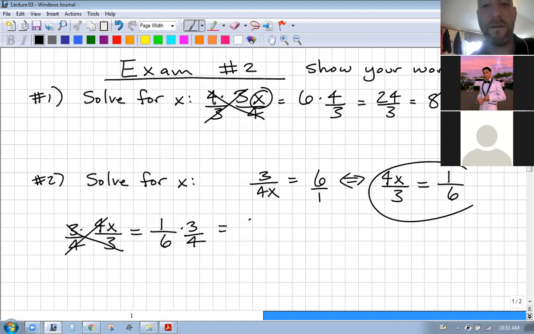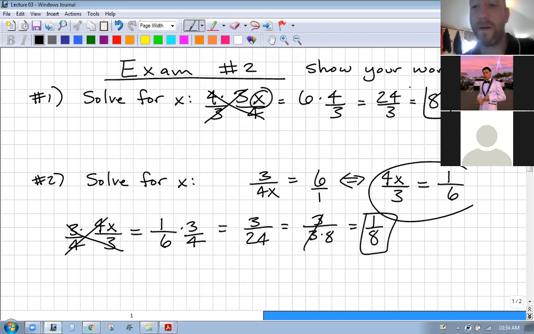X is 3 times 1 is 3, 6 times 4 is 24. We can reduce this because 24 is 3 times 8. 3's go away and we're left with 1/8. All right, any questions about this? No. All right.